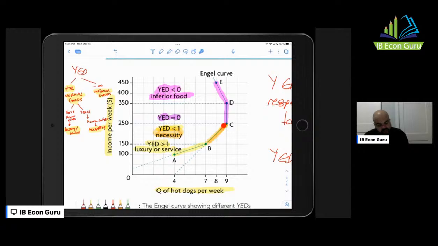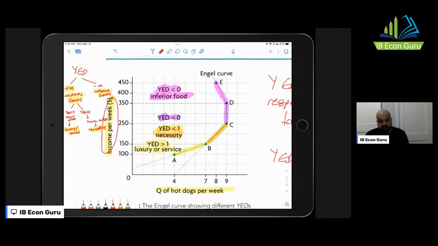Then they reach a level of income where hot dogs become necessities. Then they reach a level of income where any increase in income does not affect their demand for hot dogs. And now that they earn a high enough income, they go and eat better food. So the Engel curve can show you how, as income increases, demand responds to changes in income.